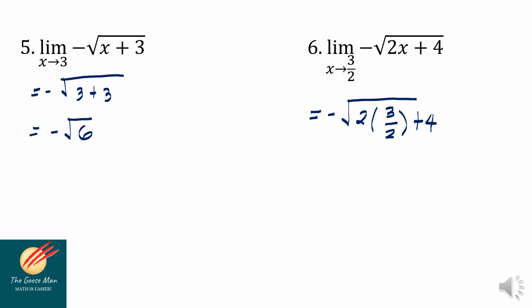So we can have here negative square root of, I can use the factoring method between 2 and 2. So we have 3 plus 4. So finally, we can have negative square root of 7.